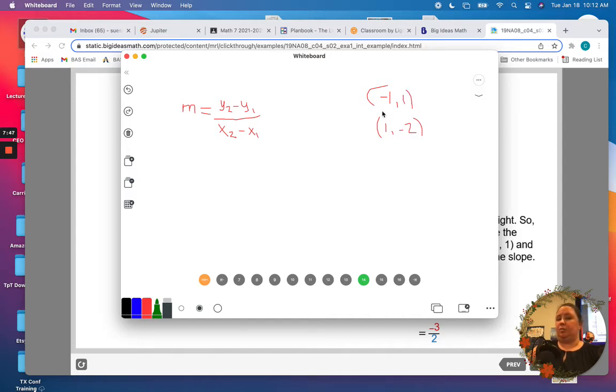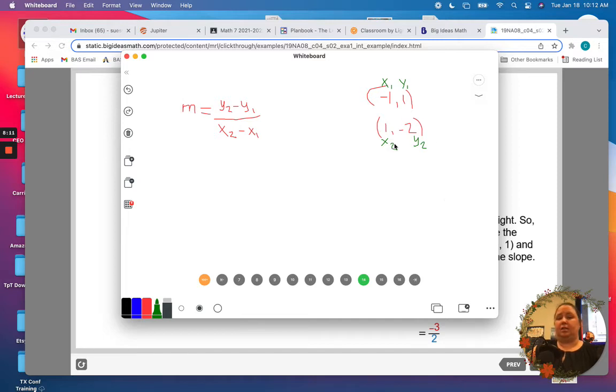It doesn't matter which one I pick as long as when I pick the x2, it's the same coordinate. So say I want this one to be my y2. Then this one has to be my x2. So that would make this my y1 and my x1. The math will work whichever one you assign.